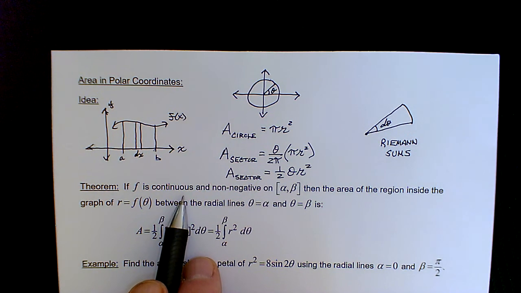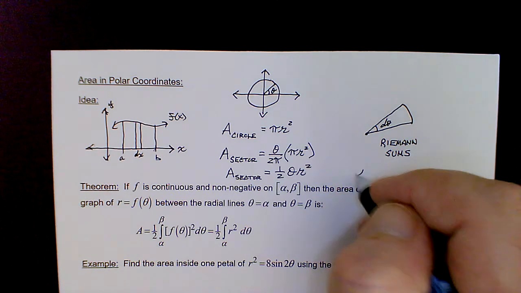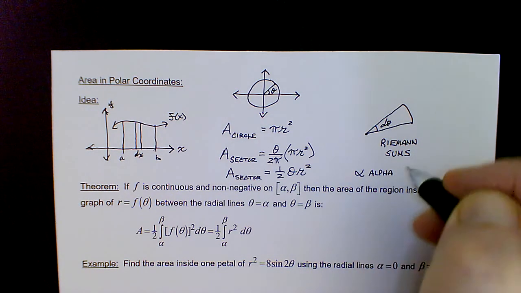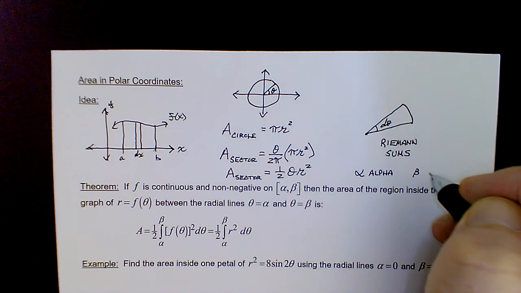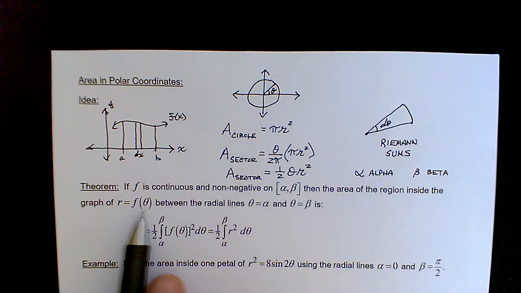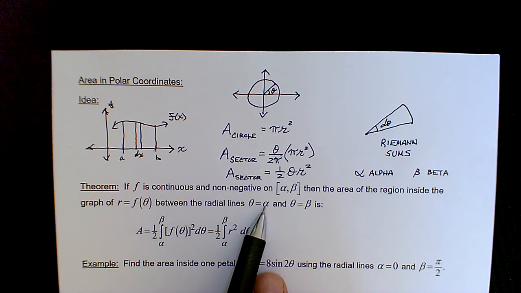The function does have to be continuous and non-negative, just like the Cartesian. And we use alpha and beta. This is the Greek letter alpha, lowercase alpha, and this is the Greek letter beta, lowercase beta. And we've got a graph, r equals f of theta, and you've got the radial lines, theta is alpha and theta is beta.